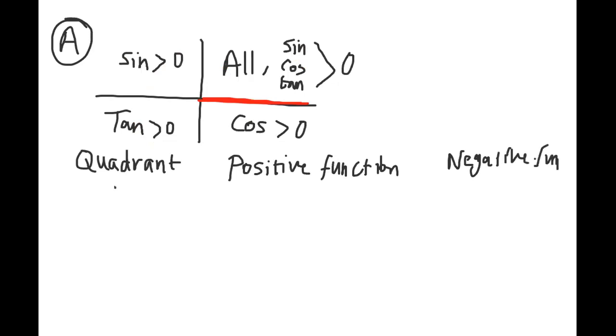So if my angle is in the first quadrant, the positive functions will be all of them: the sine, the cosine, and the tan. And no function will be negative in the first quadrant.